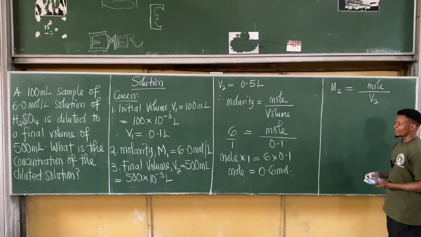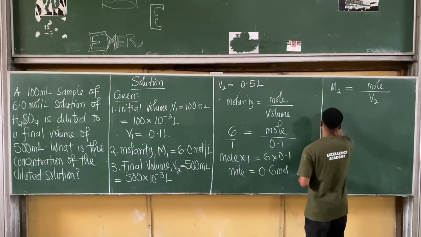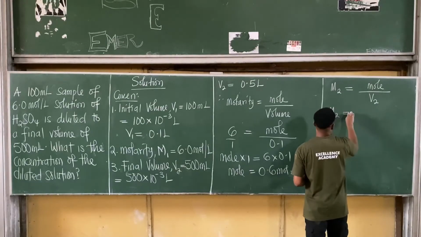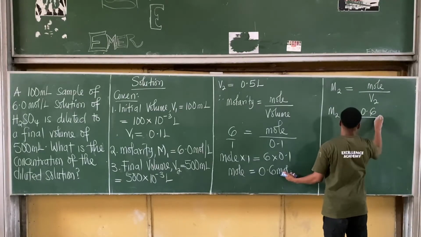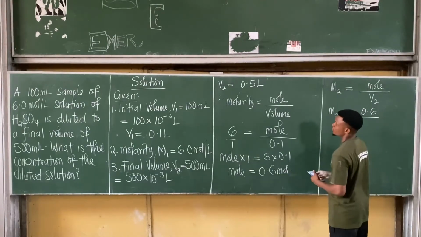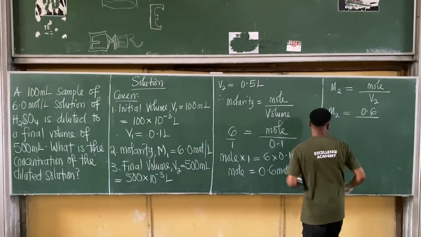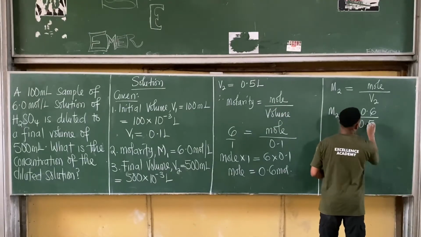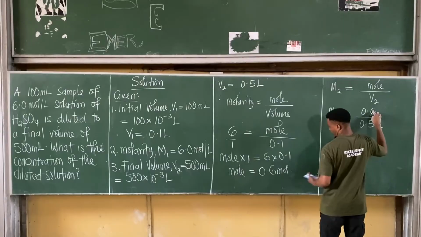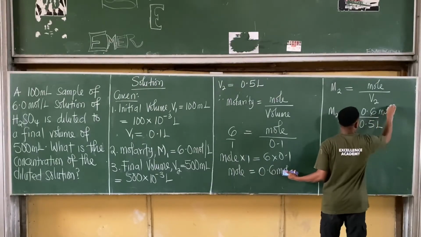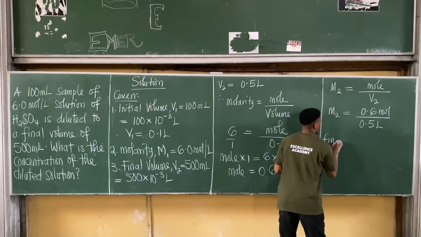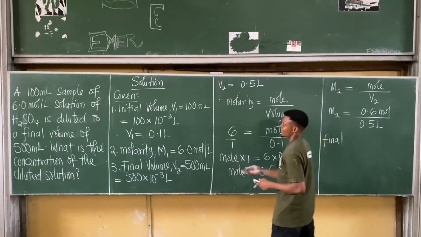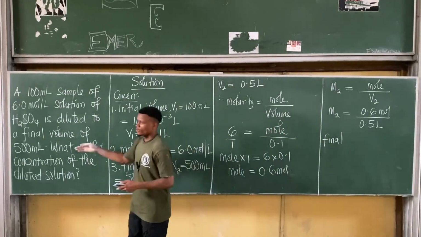If you input values, M2, the final molarity, is equal to the mole, which you calculated as 0.6, all over V2, the final volume, which is 0.5 liter. This value is in mole. So from here, we can now say that the final concentration, let me use their term, we asked what is the concentration?